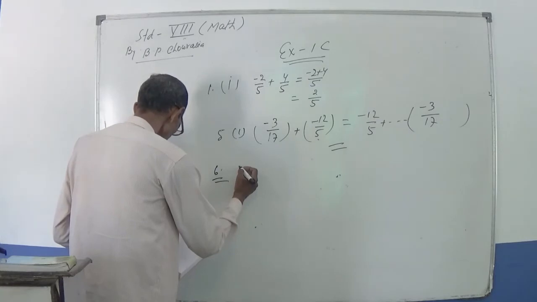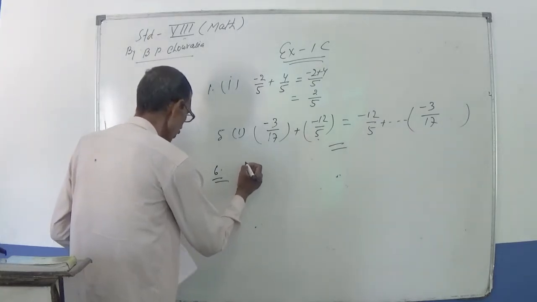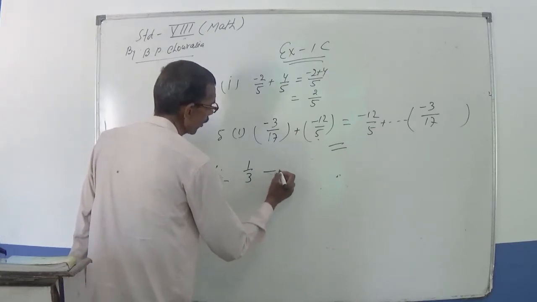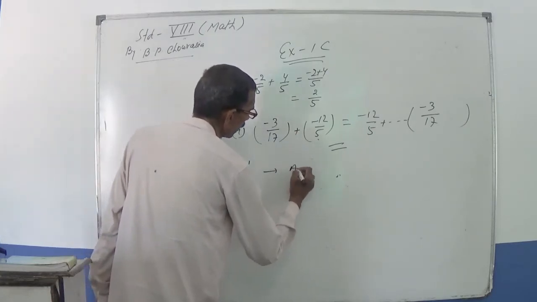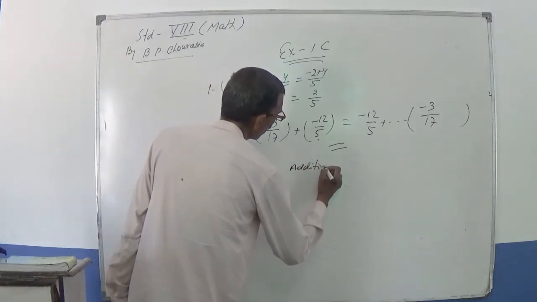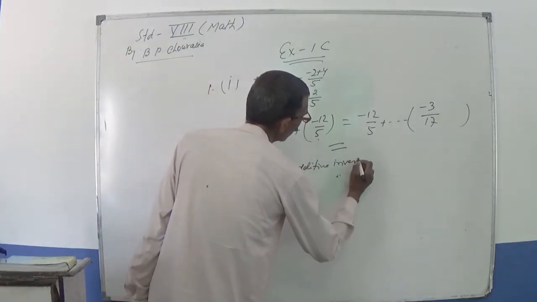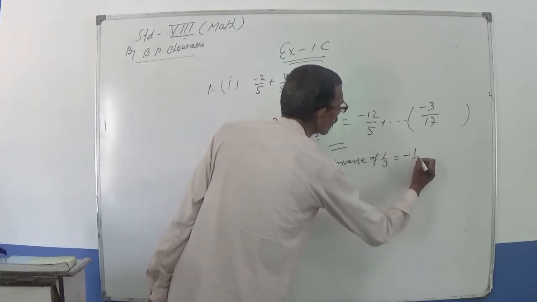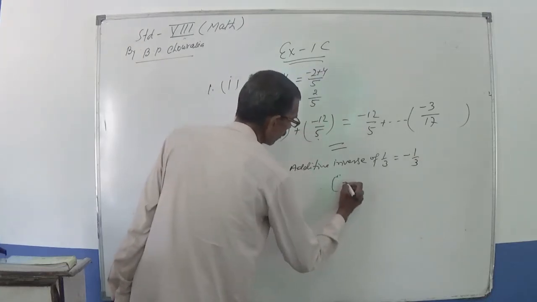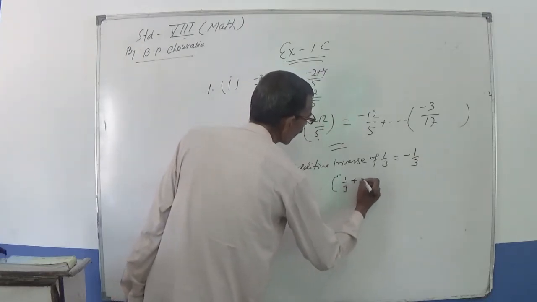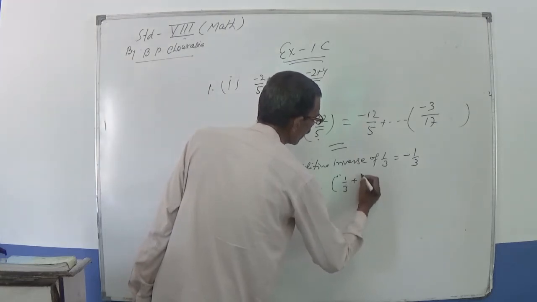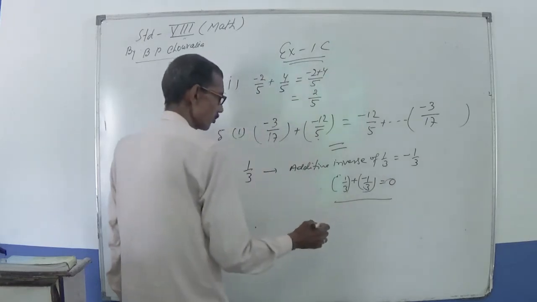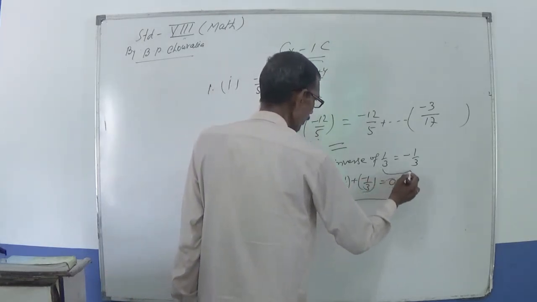So the additive inverse of 1 by 3 is equal to minus 1 by 3, because 1 by 3 plus minus 1 by 3 is equal to 0. So the additive inverse of 1 by 3 is minus 1 by 3.